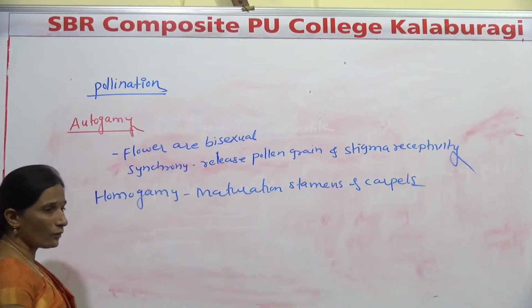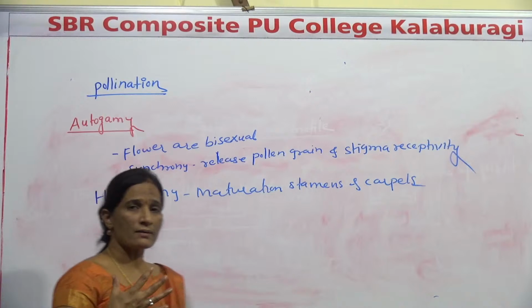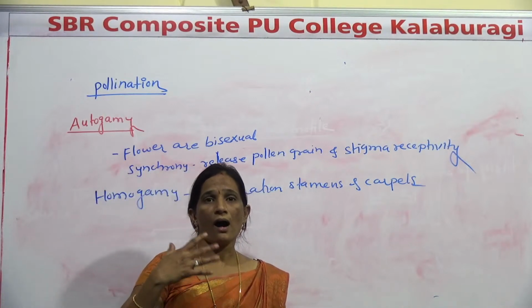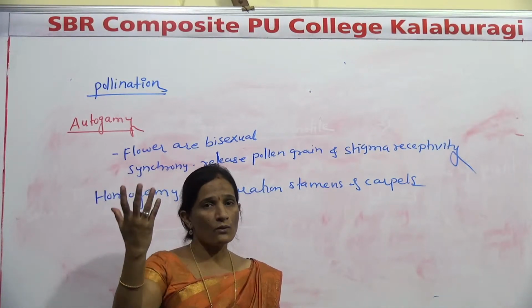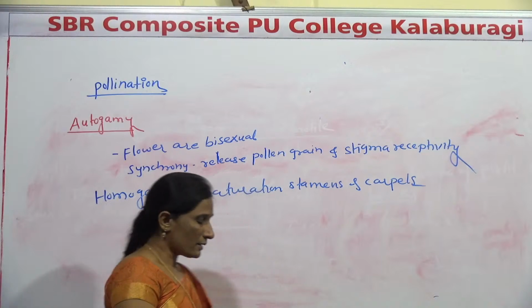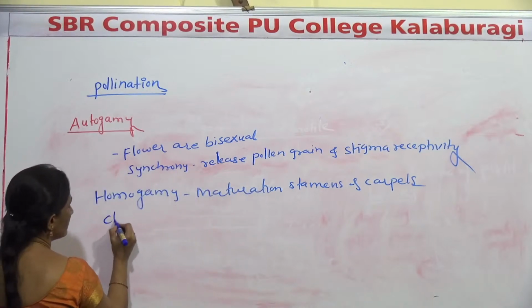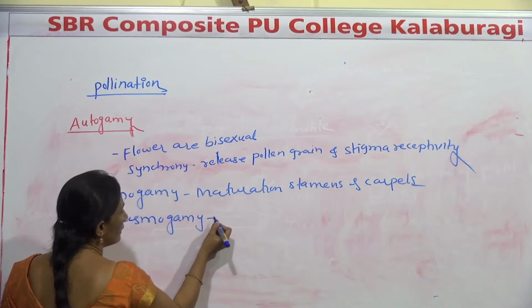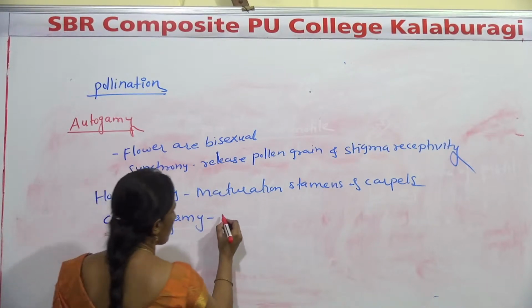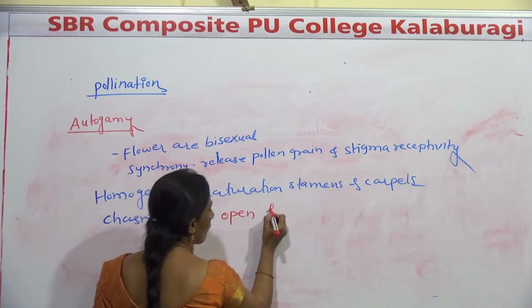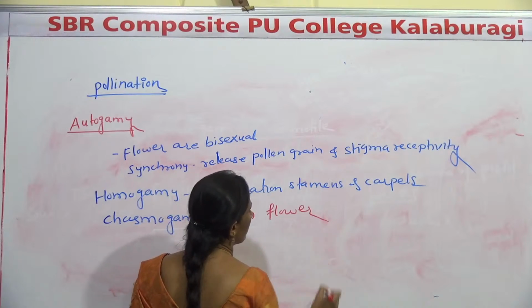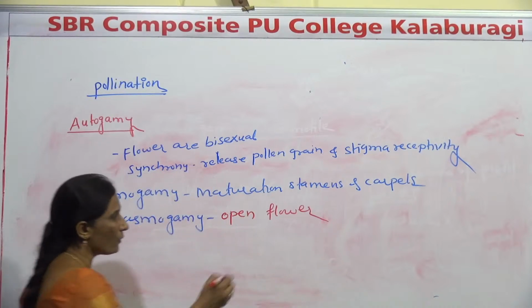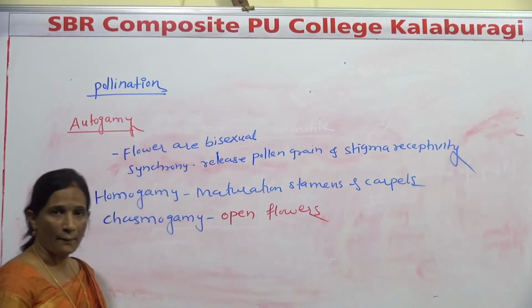Even in autogamy, some flowers are always open and exposed to the environment. Such flowers are called chasmogamous. What are chasmogamous flowers? Open flowers are called chasmogamous.